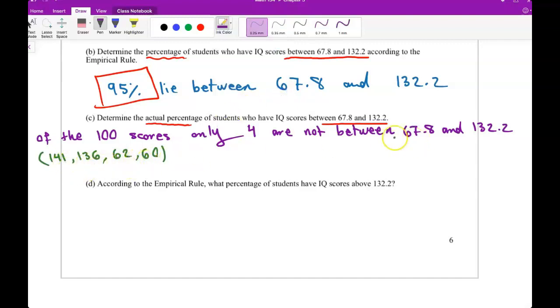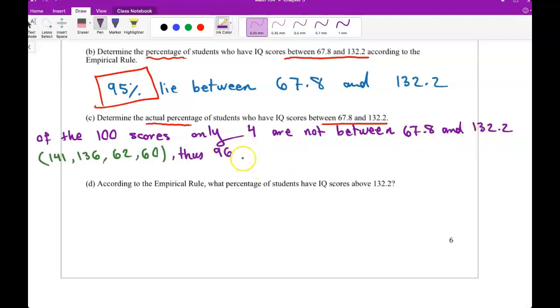So these numbers were not in this interval. Therefore, in total we have 100 scores, but these 4 are not inside that interval. So that means we have 96 scores in this interval.